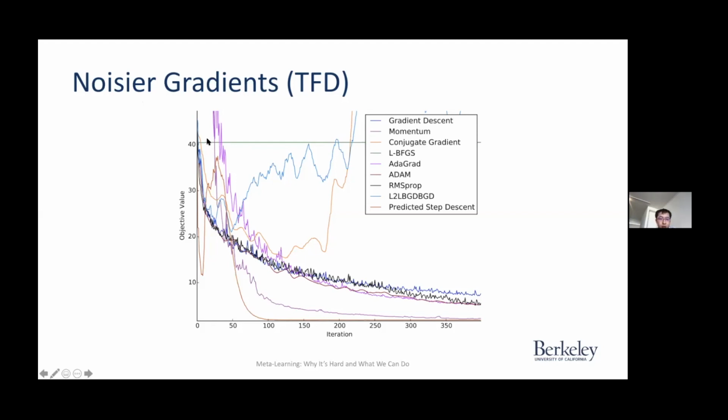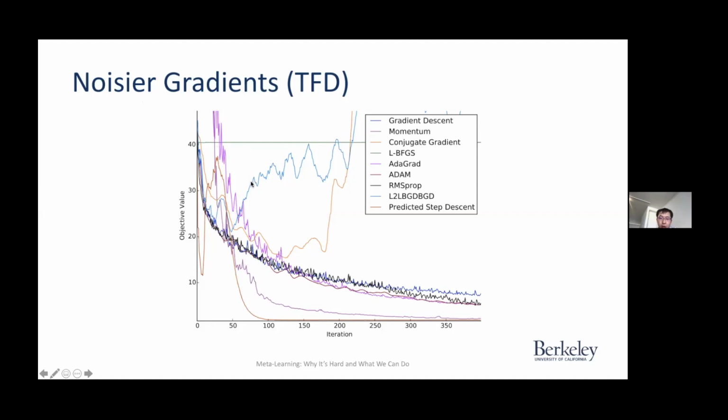Of course, the learned optimizer is not doing so well initially, but then it learns to recover quickly. The reason is that at meta training time it's seeing larger batch sizes, so a lot less noisy gradients.